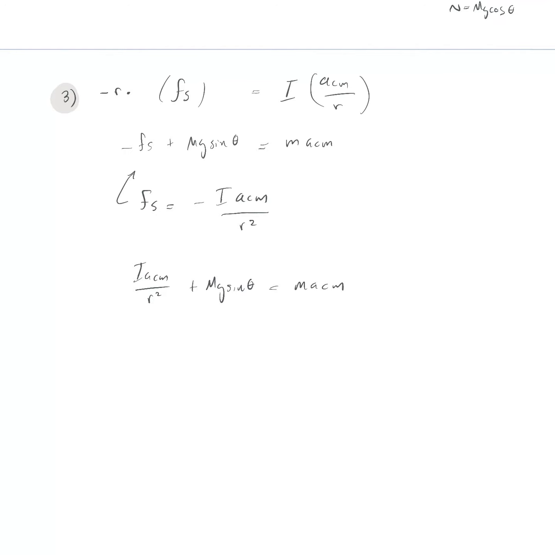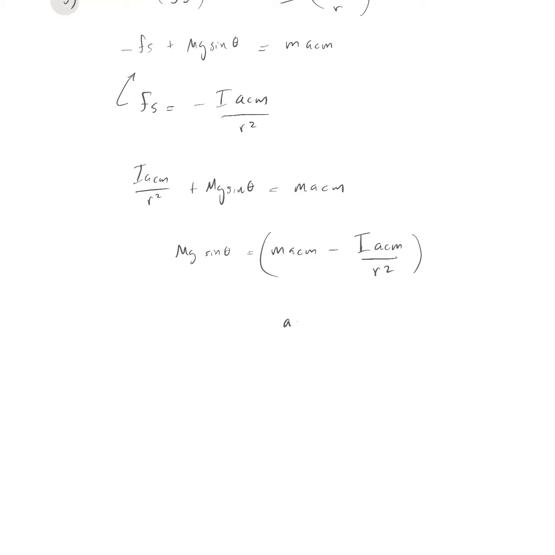So mg sine of theta equals M ACM minus I ACM over R squared. Let's pull out ACM: ACM times M minus I over R squared, because if I distribute it, it'll be what it was up there.